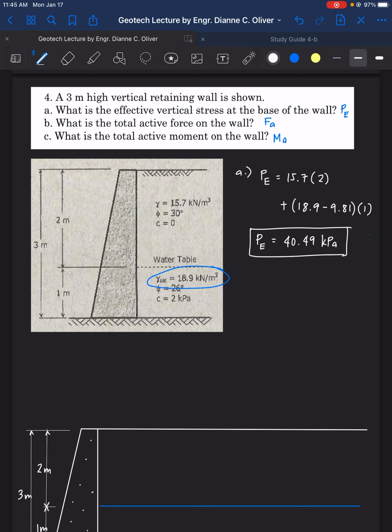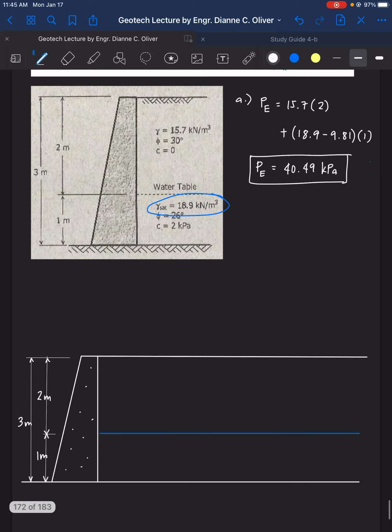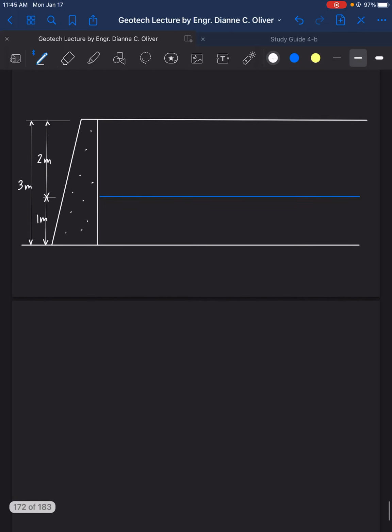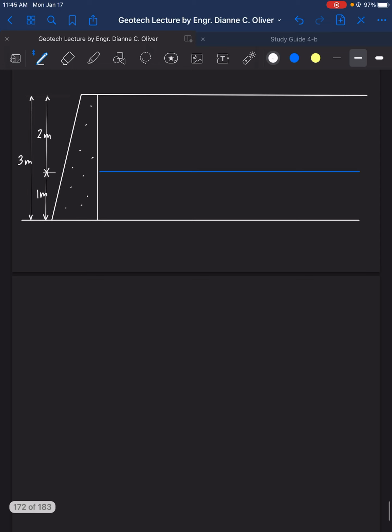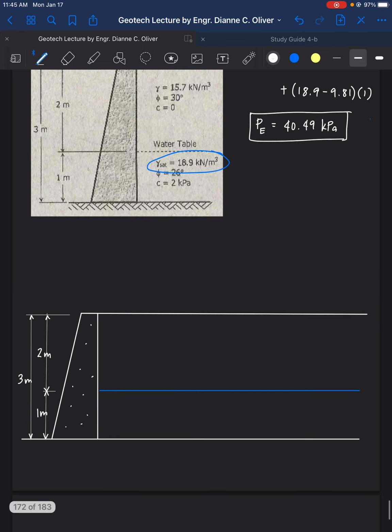Next, what is the total active force on the wall? So let's have all the components here. Do we have cohesion? None for the section above. We don't have cohesion there. Then we have cohesion here. What do we observe also?